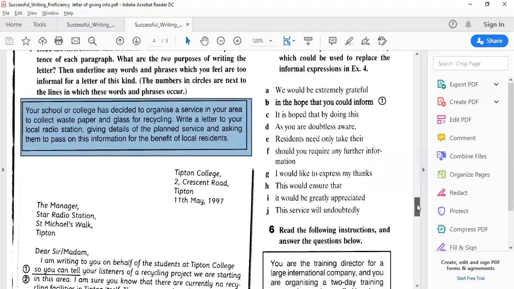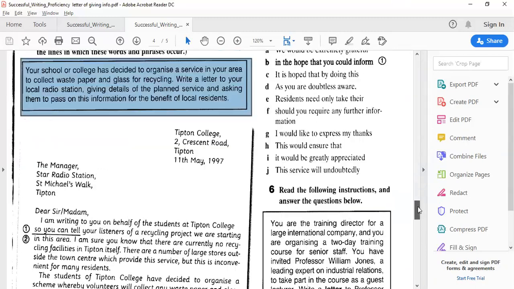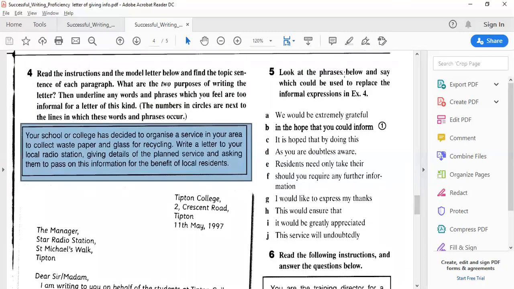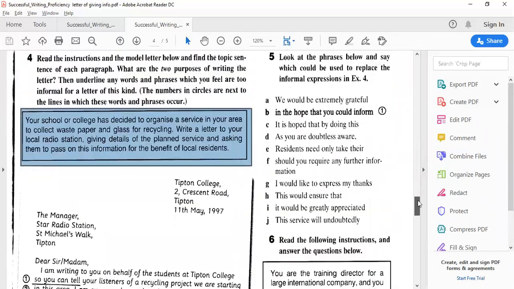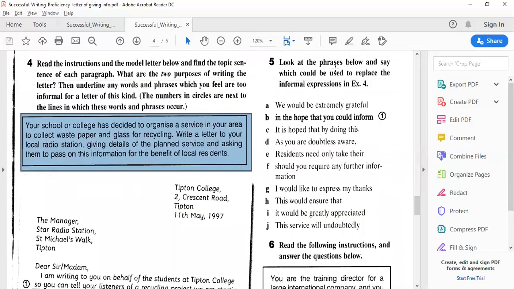Now here, see, in exercise number 5, what you are supposed to do is look at the phrases below and say which could be used to replace the informal expressions in exercise number 4. See, there are different words that we can use here, right?